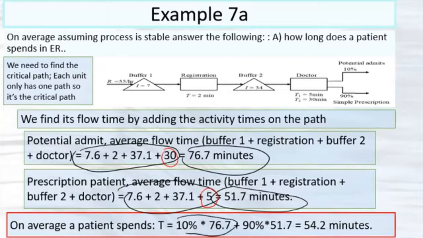So we're going to multiply the time we got from potential admit by 0.1, and then add to that 0.9 times 51.7. Again, this is 0.1 and 0.9, not 10%. We're multiplying by the ratio. And if we do this, we get 54.2, and that answers part A of the question. So an average patient spends 54.2 minutes.